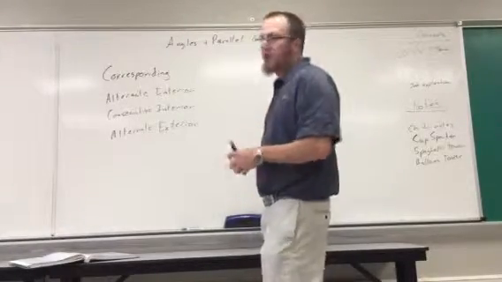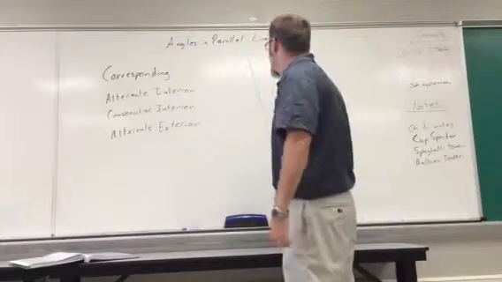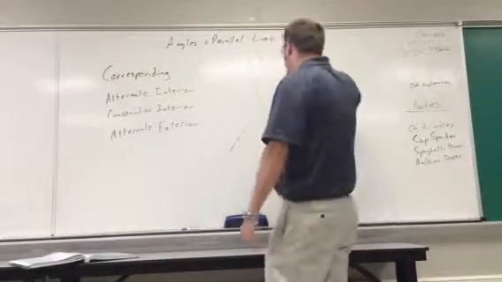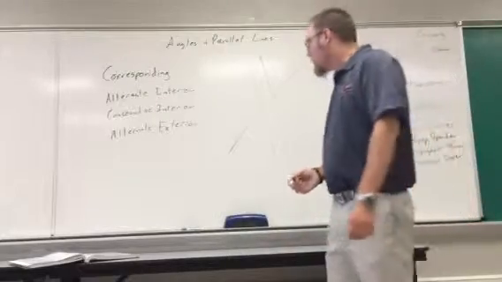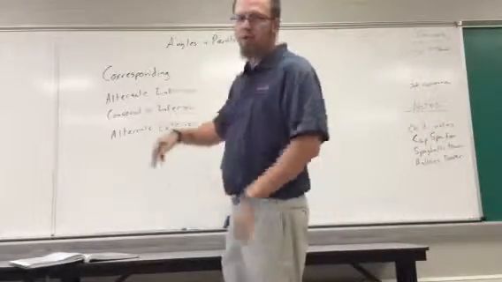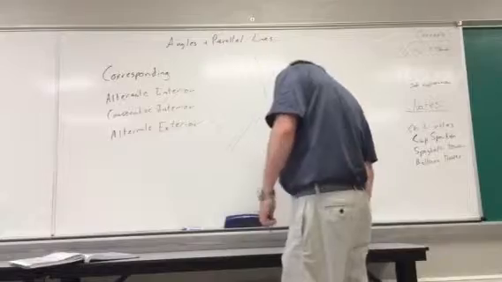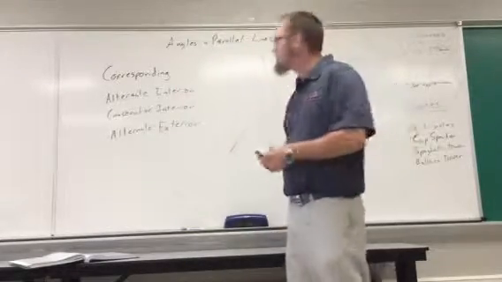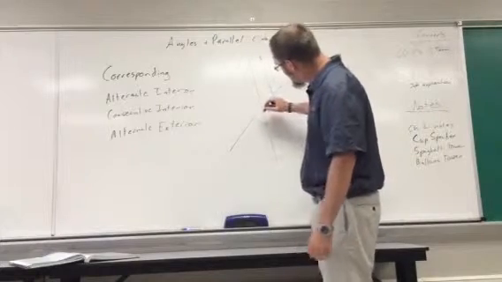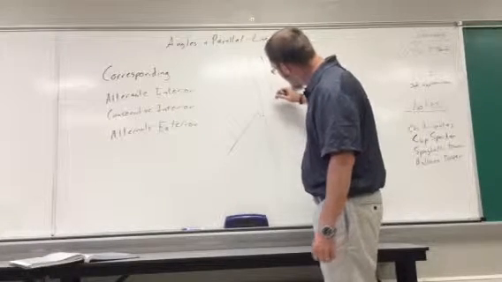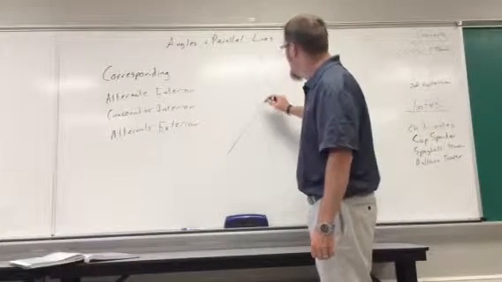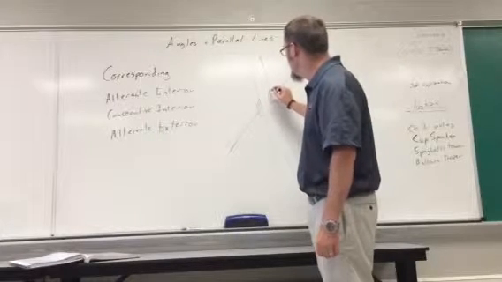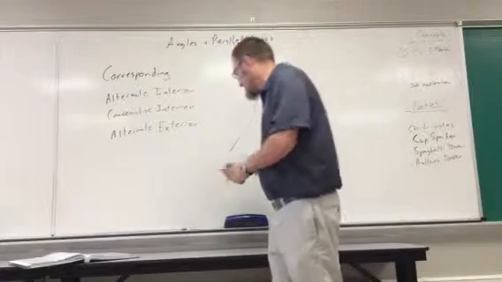So, when we have parallel lines, our railroad tracks are ones that do not cross ever, and we have a good transversal coming across them. What we have is a bunch of sets of angles here. When we are dealing with corresponding angles, all corresponding angles, which would be this one and the one on the next line, or this one here and the one on the next line, or I'll switch colors here.